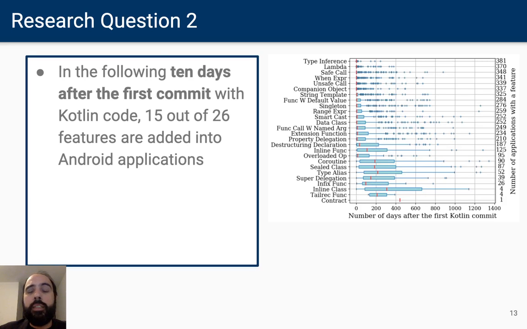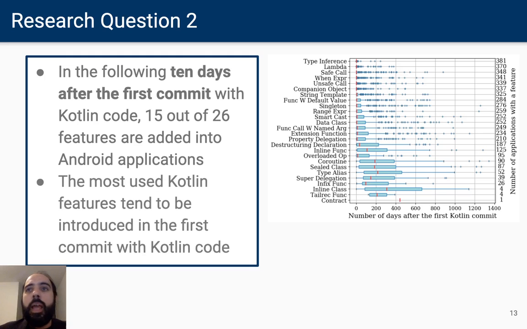And we found that in the following 10 days after the first commit with Kotlin code, 15 out of 26 features are added into Android applications. And the most used features tend to be introduced in the first commit with Kotlin code, as you can see in the plot here.